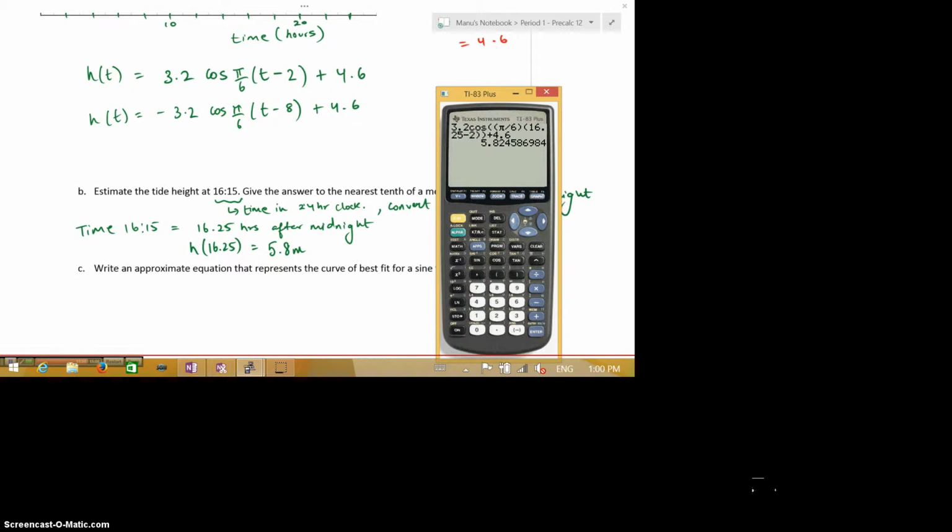Please make sure you're comfortable plugging that into the calculator. If you don't put the brackets in the right place, you're not going to get the right answer. You're taking cosine of that entire chunk, right? Cosine of pi over 6 and the time, so that's got to be in brackets. Pi over 6 is a fraction, so that's got to be in brackets. So you're going to need double brackets here.